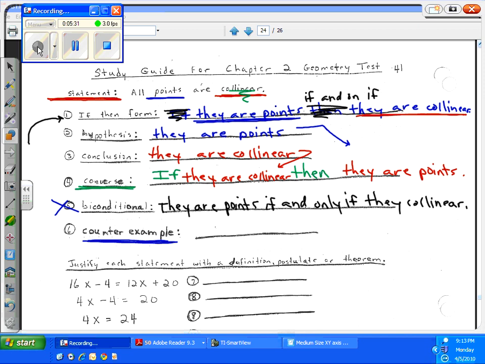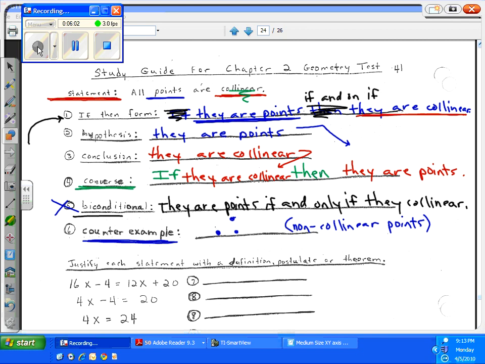A counterexample to the original statement that says if they are points, then they are collinear could be given with a diagram of three non-collinear points or just non-collinear points. So you could put in words non-collinear points as a counterexample, or you could draw a picture to show non-collinear points, which would be a counterexample.